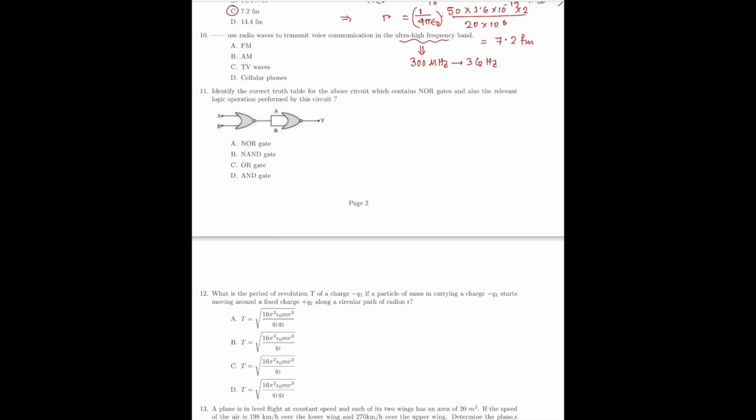This frequency band is used by cellular phones. But in the case of FM, the frequency range is in the order of megahertz. For TV waves also megahertz, but for AM it is kilohertz. So the right answer is the cellular phone.